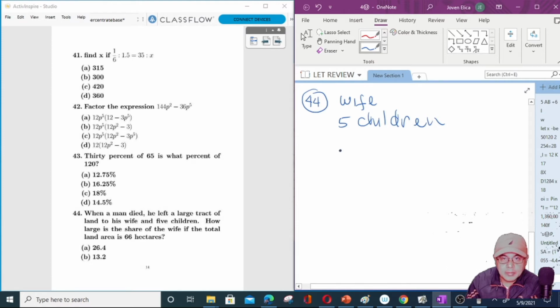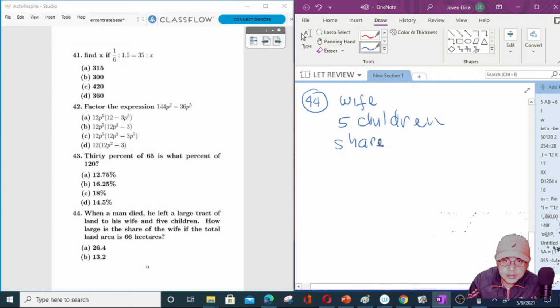When a man died, he left a large tract of land. So that land is land to his wife and 5 children. How large is the share of the wife if the total land area is 66?